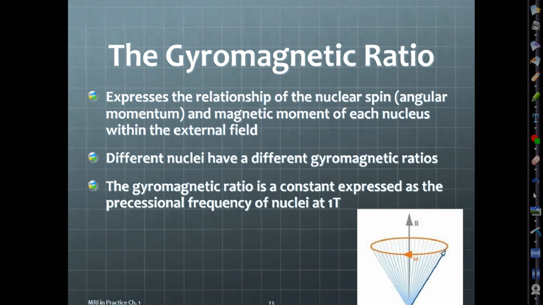So each different MR-active nuclei have different gyromagnetic ratios. So remember, we talked about a bunch of MR-active nuclei. We talked about hydrogen, but we also discussed various others like oxygen and carbon. And what did they all have in common? What was their Z number? What was their atomic number? Was it odd or even? It was odd, right?